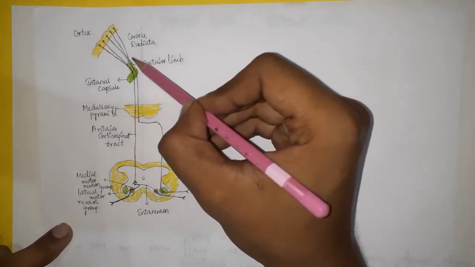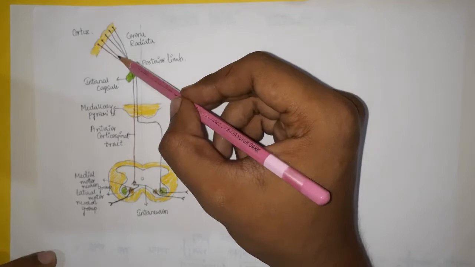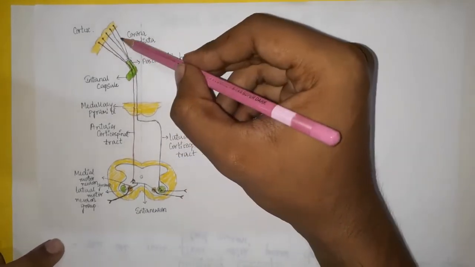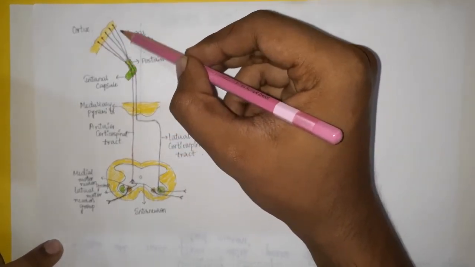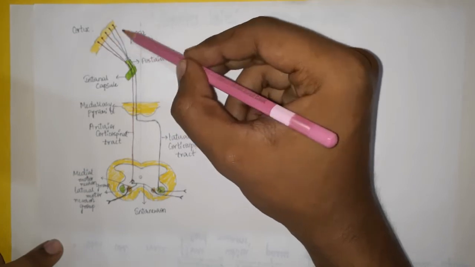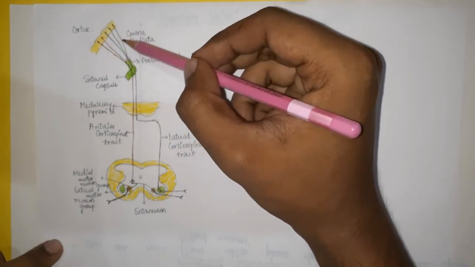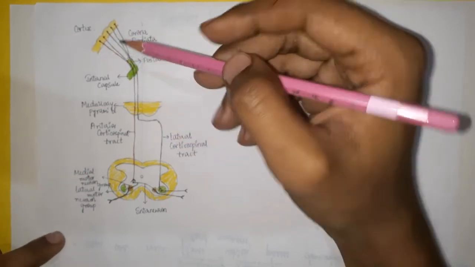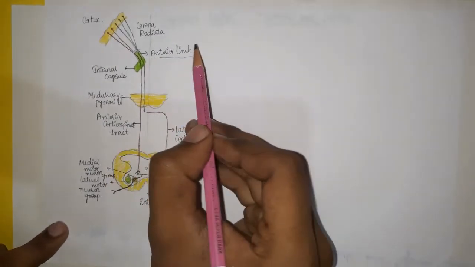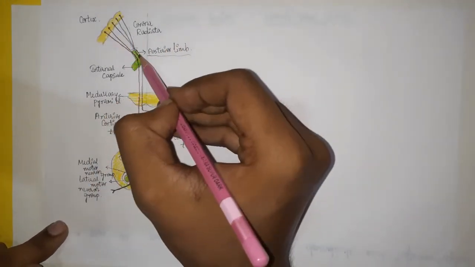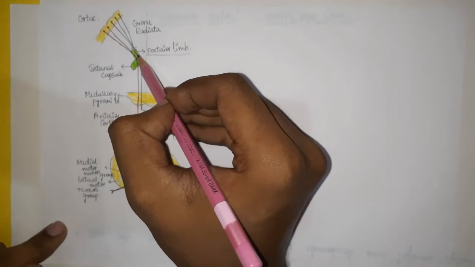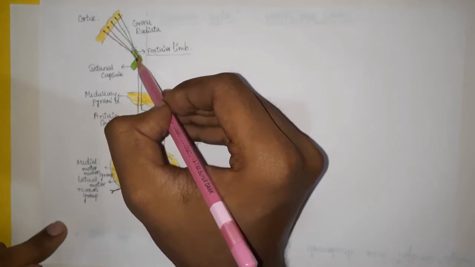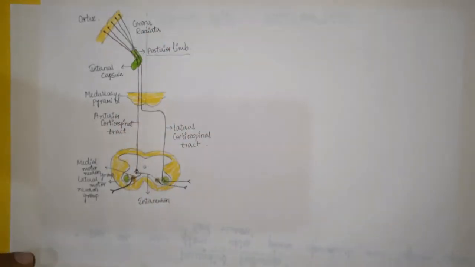See this diagram. In this diagram, these are the corticospinal tracts, descending fibers. After making corona radiata in the subcortical region, this is cortex and this is the subcortical region. In the internal capsule, particularly in the posterior limb, all these fibers will converge in a narrow area. See here, they are converging.